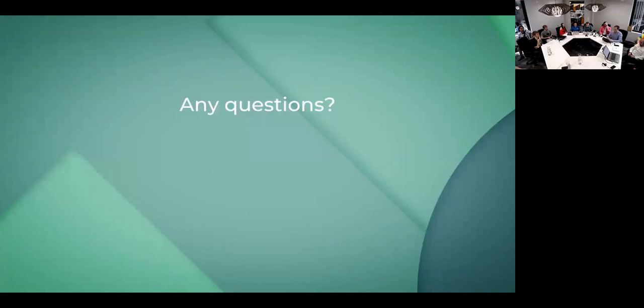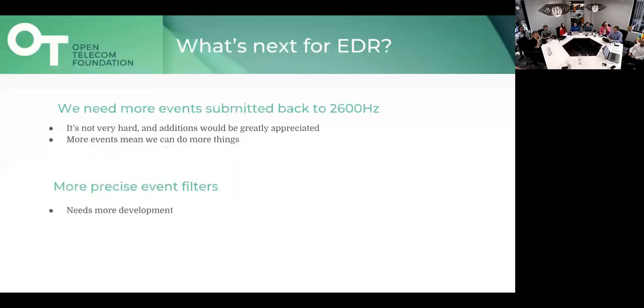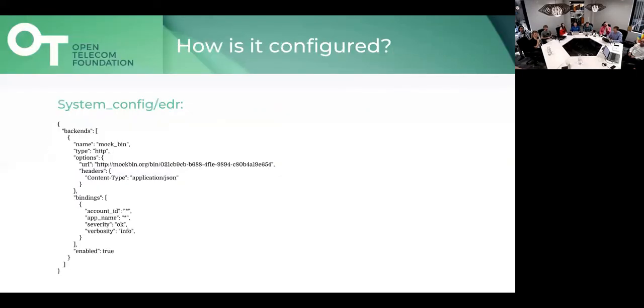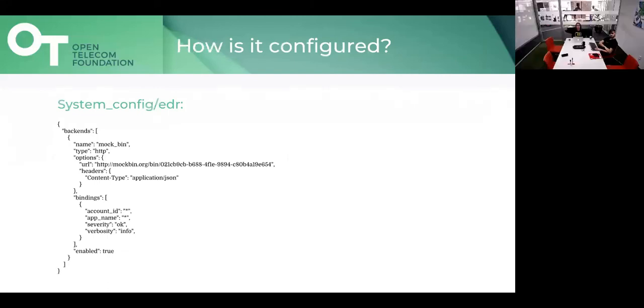Is that how you bind to it? This is how an EDR backend is configured to bind to it. So this is if you specifically want events to be sent out of Kazoo. Is that the answer you were looking for?